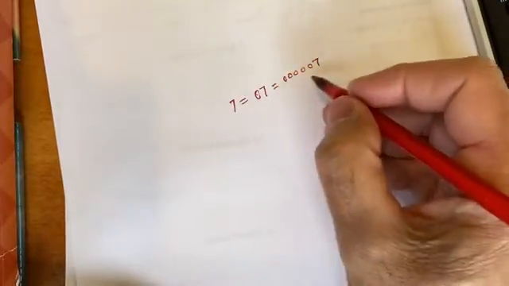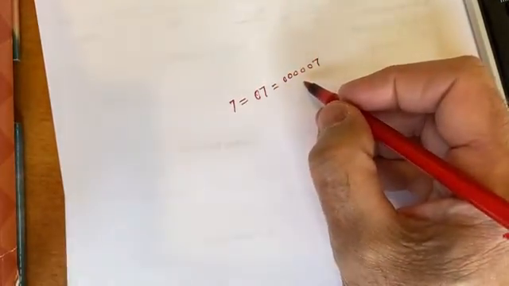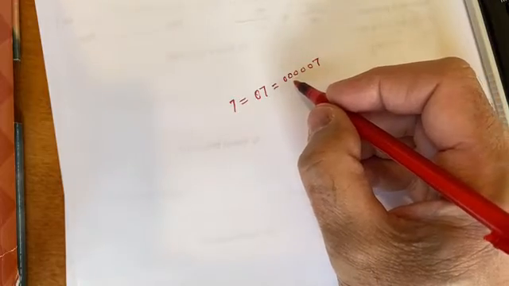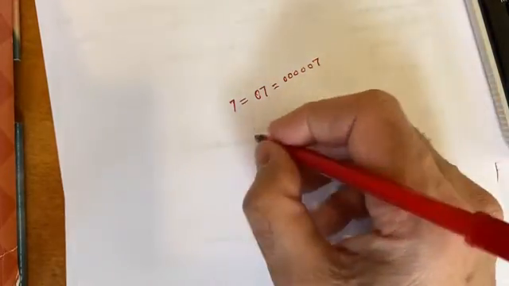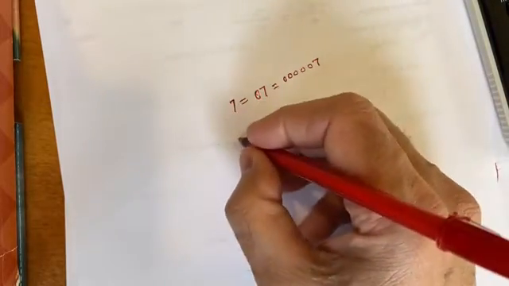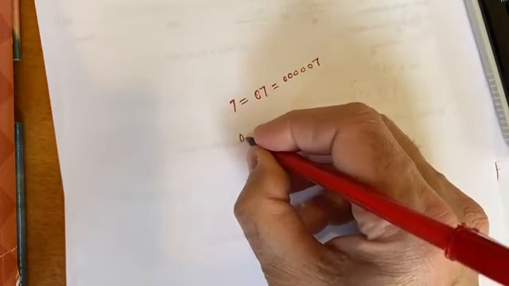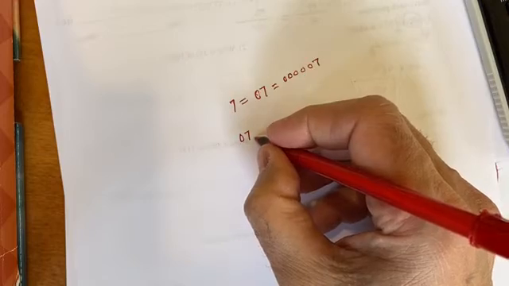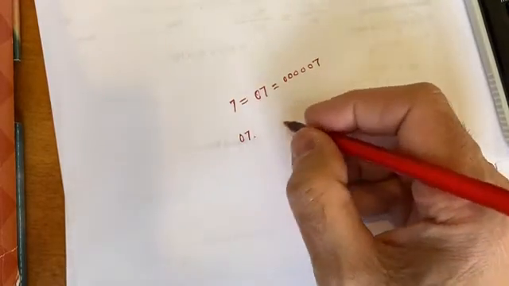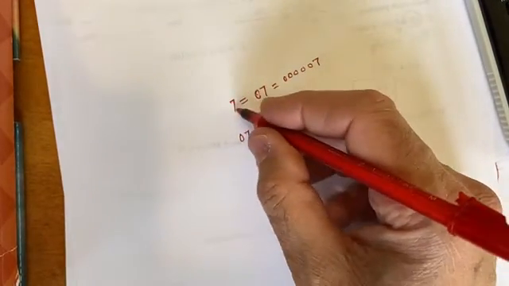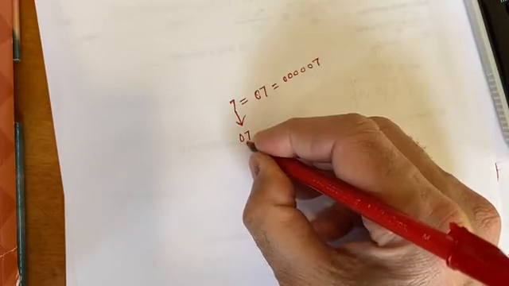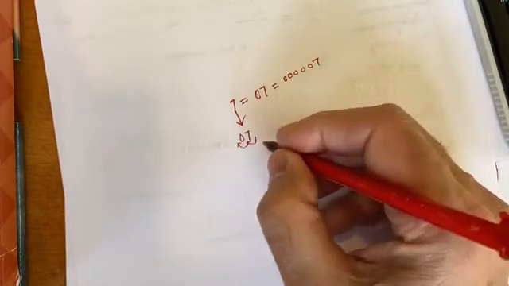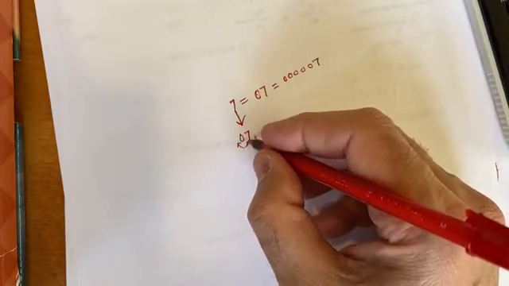Any number can have any number of zeros in front of it, and it still has the same value, right? So if you have the number 7, you can write it as 0.7. And then if you move the decimal place over 2, you get 0.07.